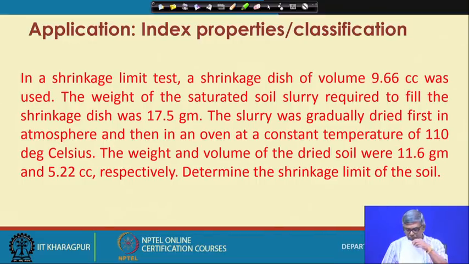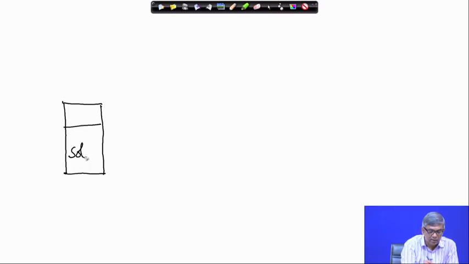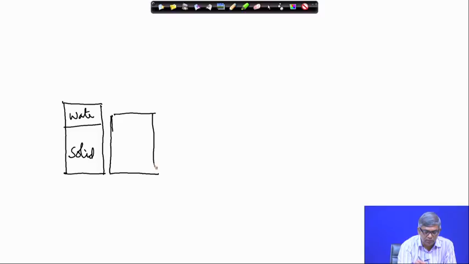So, this application we can do the way I have defined the shrinkage limit. Let me come to that first. Suppose we have the soil mass, and initially this was solid and this was water. When water is removed from the mixture, the volume generally reduces, and at some situation, that is the lowest volume in the saturated condition, you have this solid and this water.